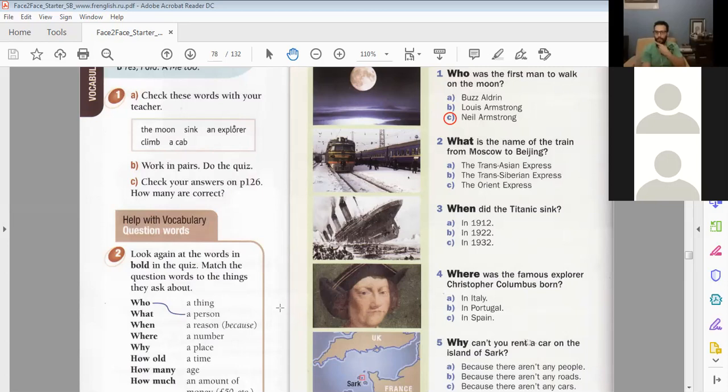What do you think the name is? I don't know. Just guess. A, B, or C. I think B. Okay, let's choose B.